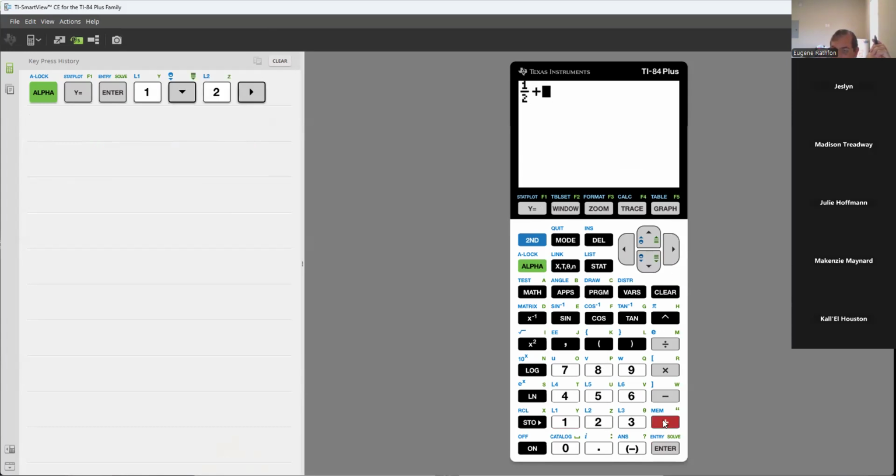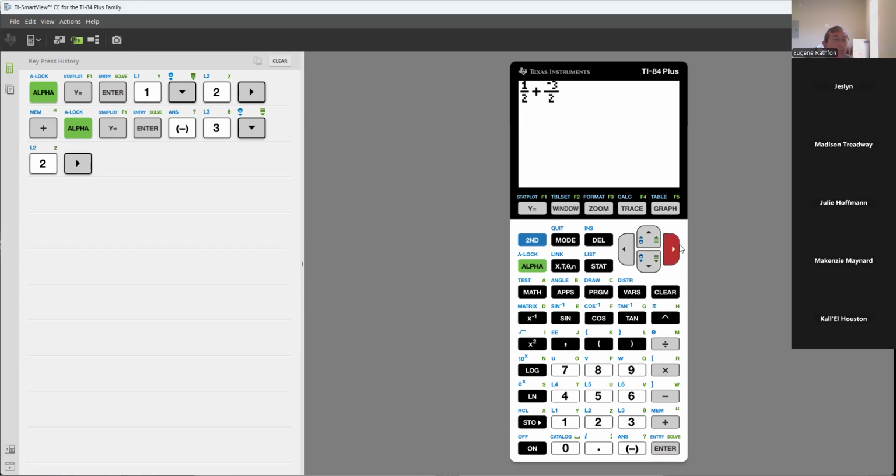And then it was plus the next fraction, alpha y equals enter, was a negative 3 on top and a 2 on bottom. Since you put it in like a fraction, when I hit enter, I get negative 1 as my answer. Okay, so the calculator don't mind adding for you. So we got that negative 1.